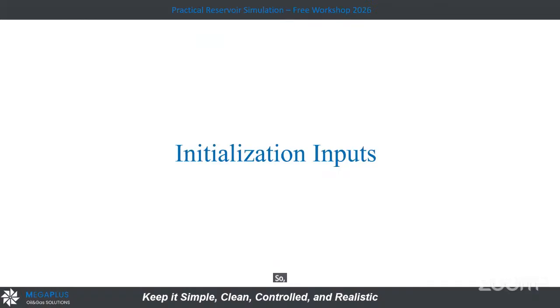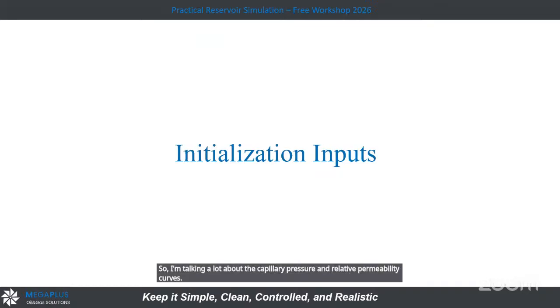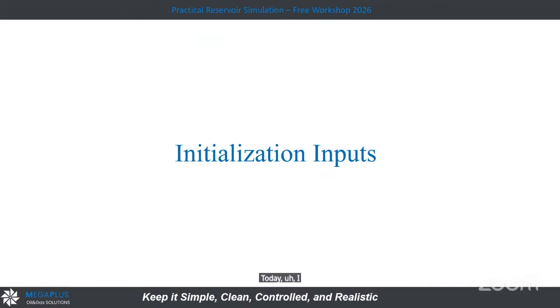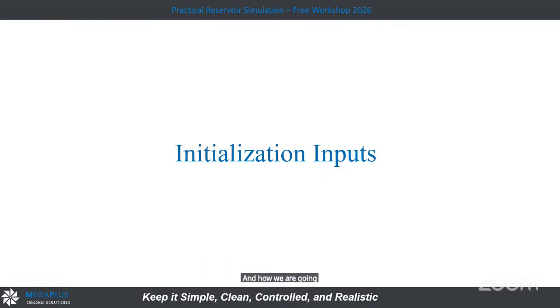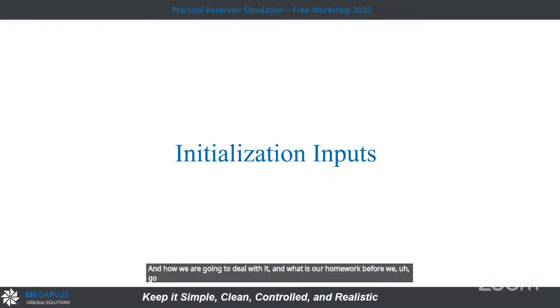So I'm talking a lot about the capillary pressure and relative permeability curves. Today, I think we have half an hour. We will talk about the first input before the initialization, which is the rock physics or the special core analysis data, and how we are going to deal with it, and what is our homework before we go through simulation, in this data, in normalizing.